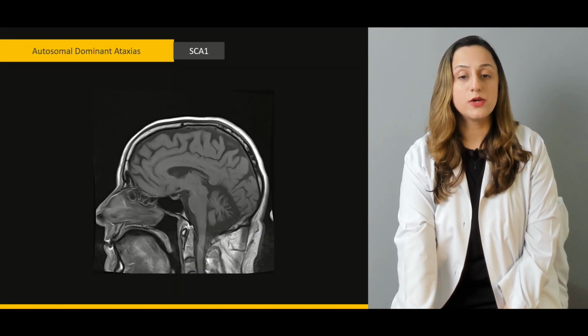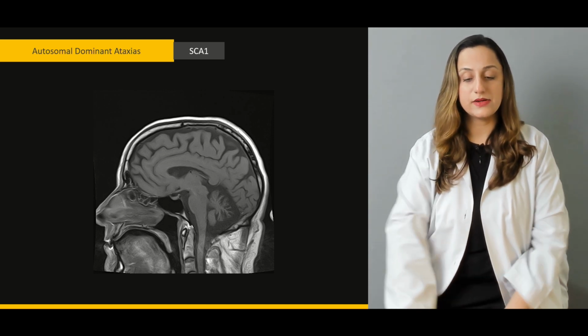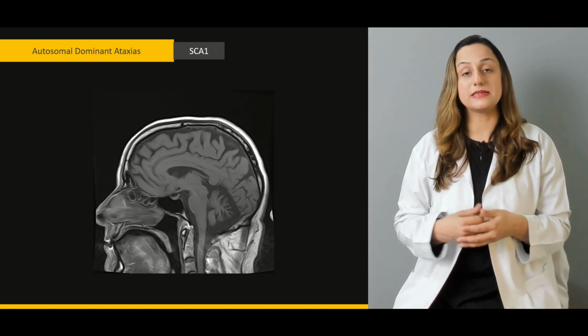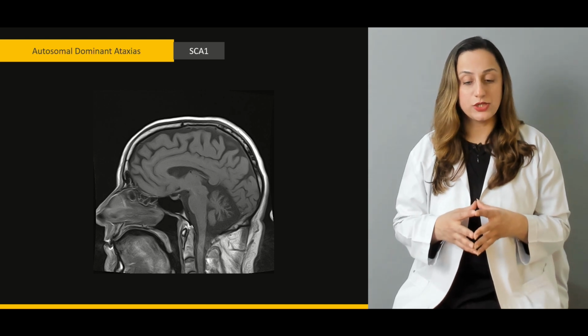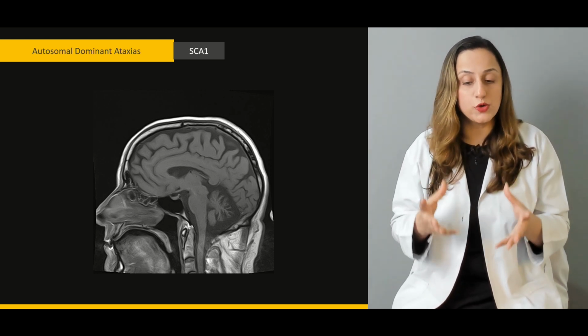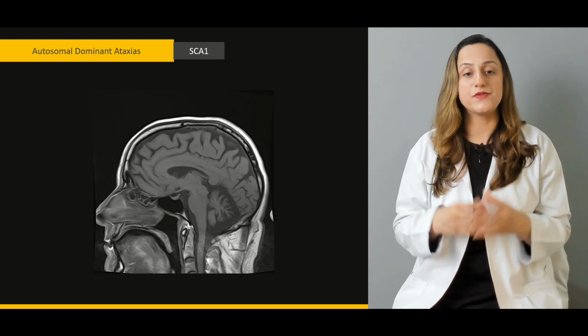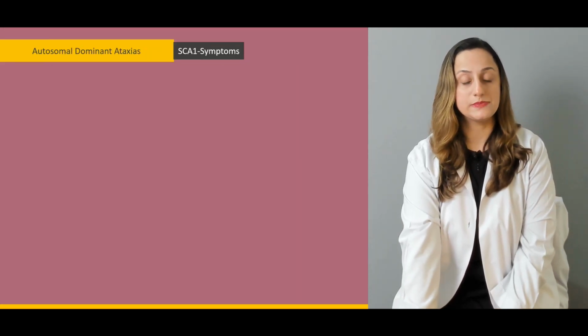So when we talk about spinocerebellar ataxia 1, the predominant signs and symptoms over here are dysarthria and dysphagia. That is quite predominant. And we even have oculomotor and facial palsies, which are associated with this condition.